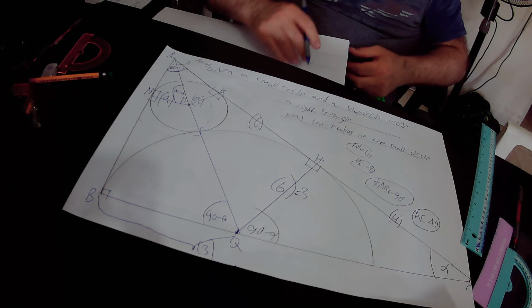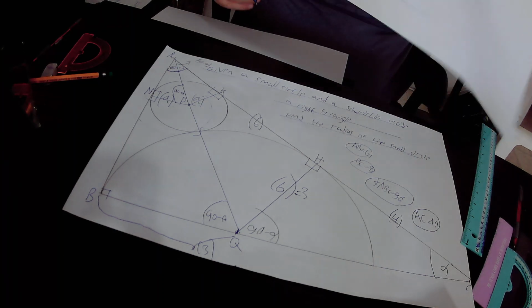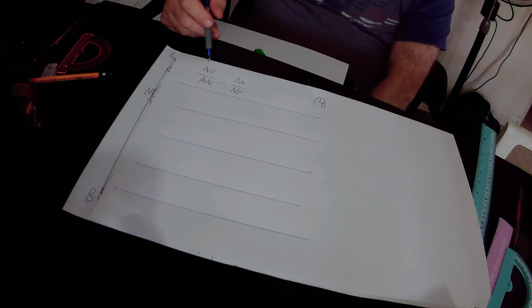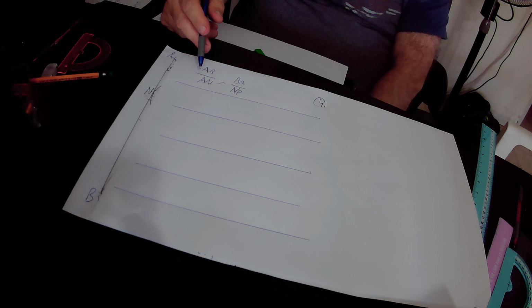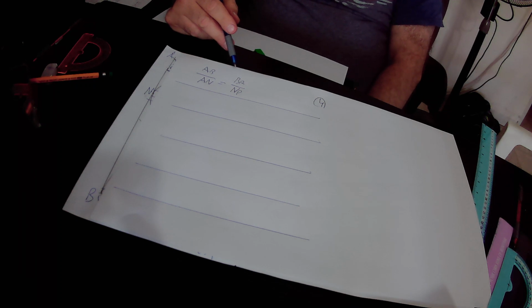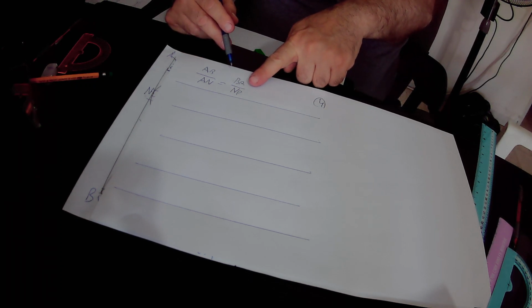I repeat again, we derive that AB over AN equals BQ over NP.